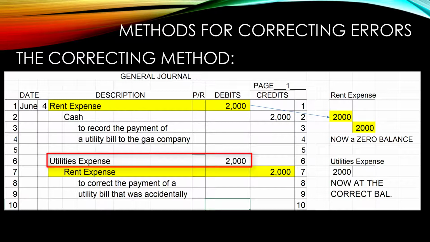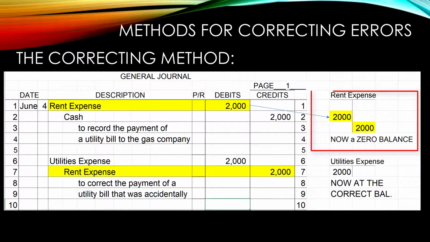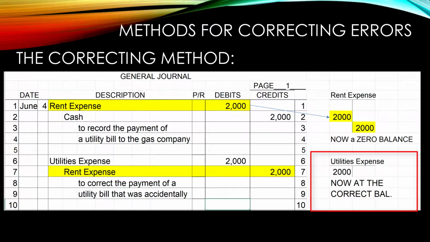On the top of the screen is the original erroneous journal entry. On the bottom of the screen, you will see the correction that would be journalized to fix the mistake. Off to the right, you will notice that the rent expense now properly has a 0 balance, and the utilities expense now has the $2,000 that should have been charged to it.